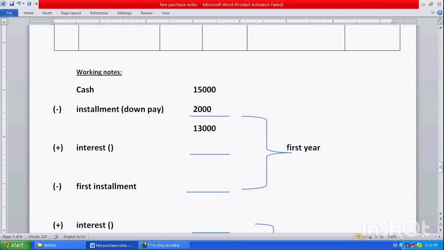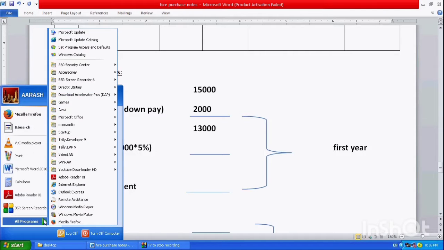Now calculate the interest on 13,000 at 5%. How much will we get? 650.